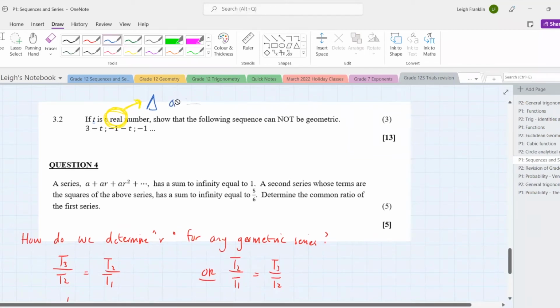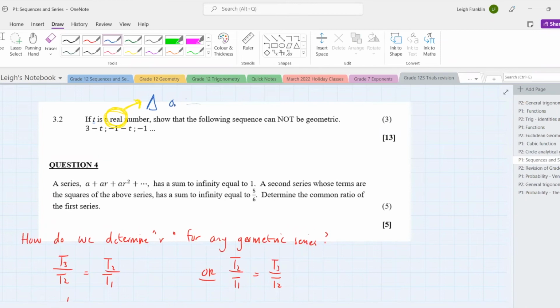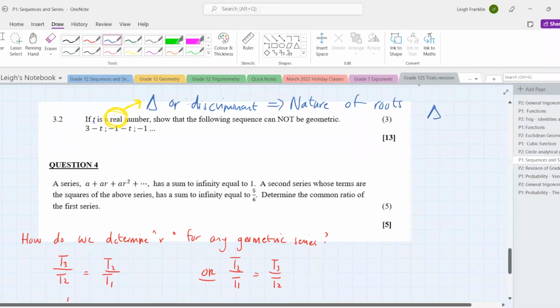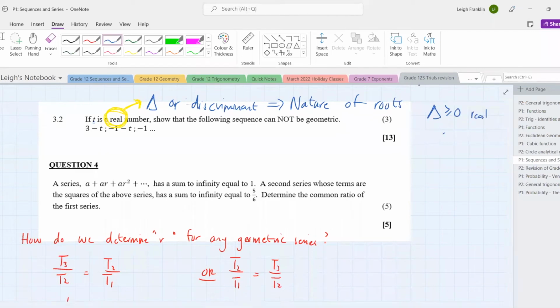Oh, hang on a second. In other words, this is a question about the nature of roots. Okay, good. If you recall, if delta is greater than or equal to 0, then roots will be real.